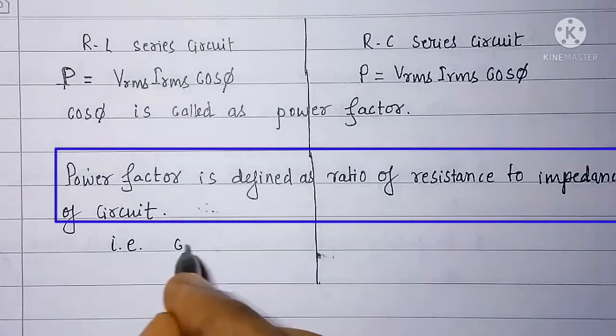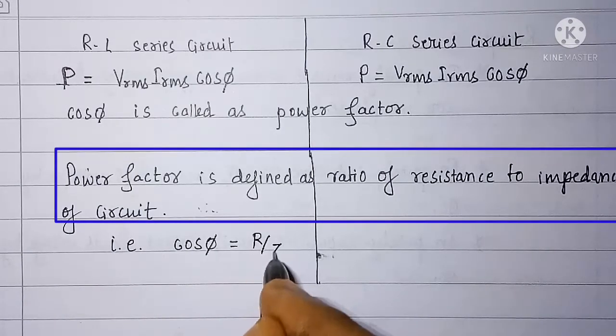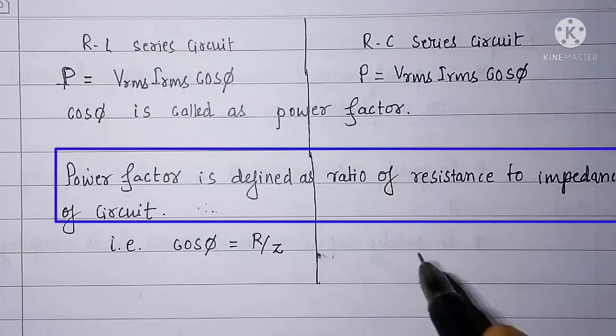That is, cos phi equal to R by Z. In an inductive circuit, Z is the square root of R square plus XL square, and in a capacitive circuit, Z is the square root of R square plus XC square.